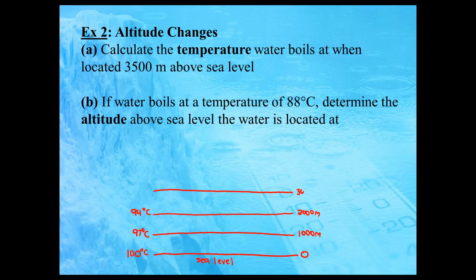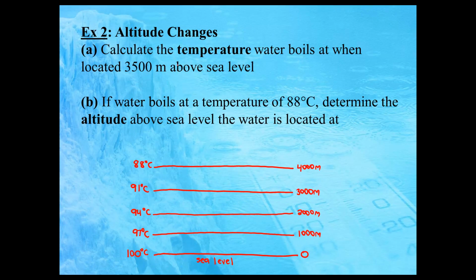So now we're at 3,000 meters, and our boiling temperature would again drop by 3 degrees Celsius. 94 minus 3 would be 91 degrees Celsius. And then at 4,000 meters, our boiling temperature would drop again by 3 degrees Celsius. Now we're at 88 degrees Celsius.